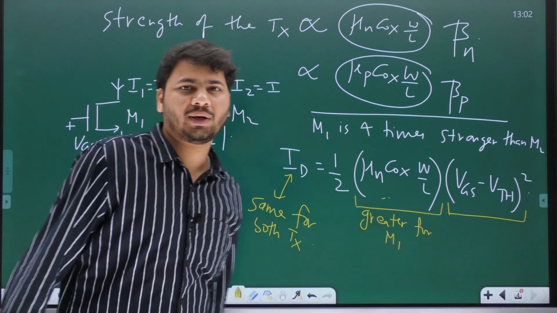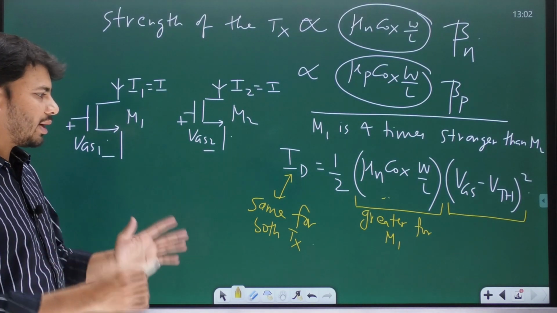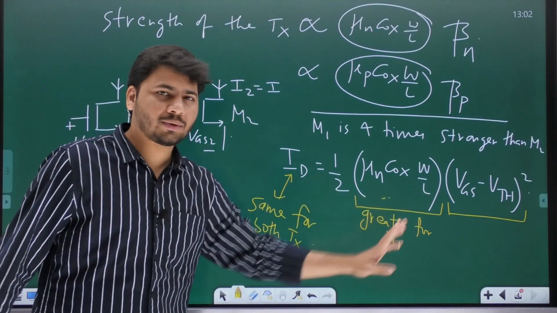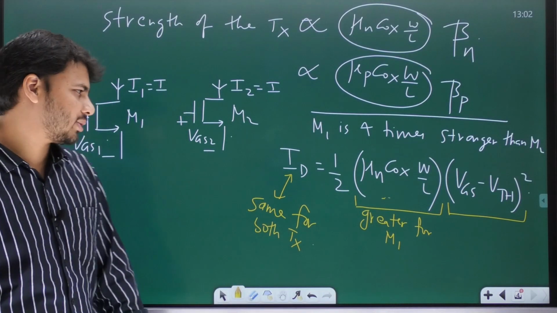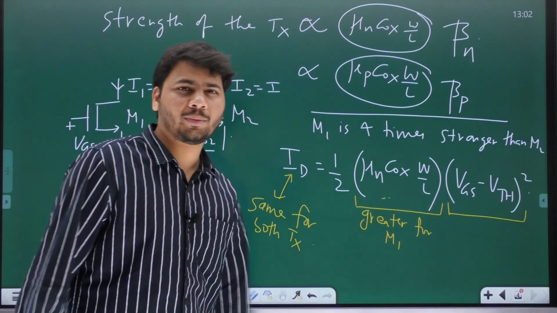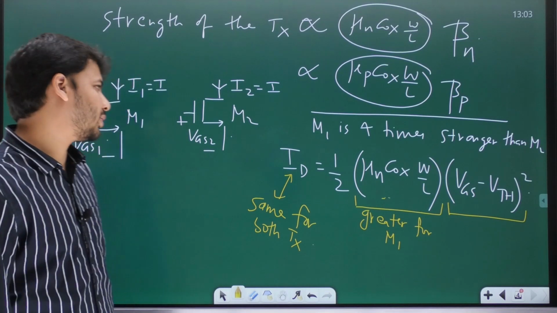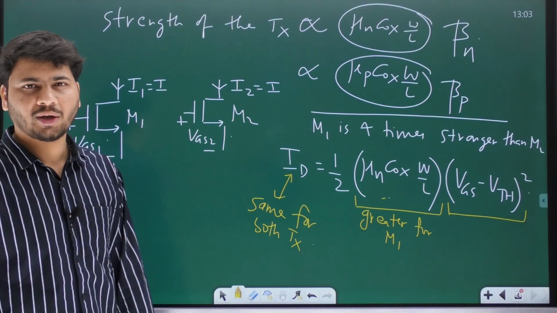Now this VGS minus VTH, will it be greater for M1 or greater for M2? The constraint is that the product of these two factors is the same for both transistors. Because already this factor is greater for M1, for the product to be the same, the other factor, VGS minus VTH whole square, should be greater for M2.